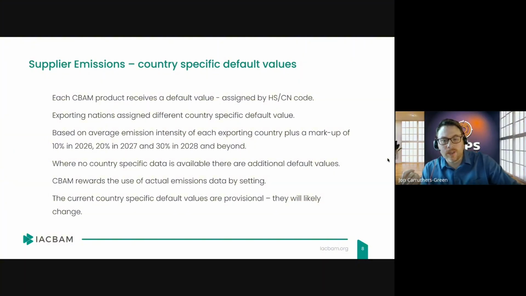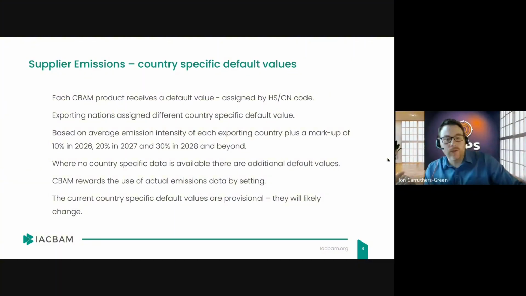Using these values is intended to be slightly punitive. The intention here is these values are high enough that you are incentivized then to go and get actual emissions data. So in 2026, each one of these numbers is increased by 10%, and that goes up to 20% next year and 30% from 2028.